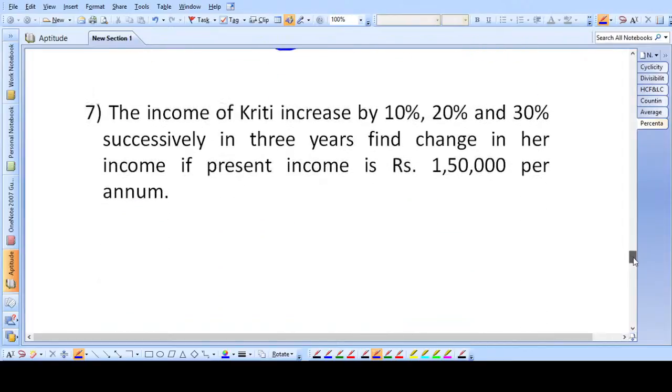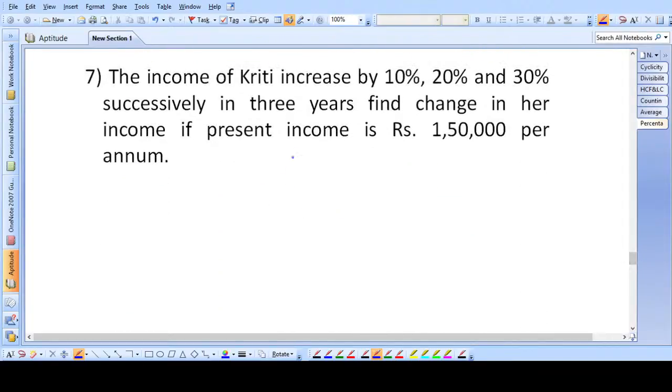Okay. Now, the income of Kriti increased by 10%, 20%, and 30%. Oh my god, that's good. That's an improvement in 3 years. Wow. Definitely you should go to this company. Now find the change in her income if the present income is 1,50,000 per annum.